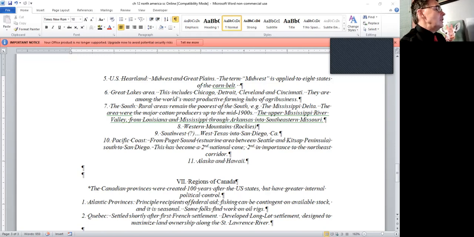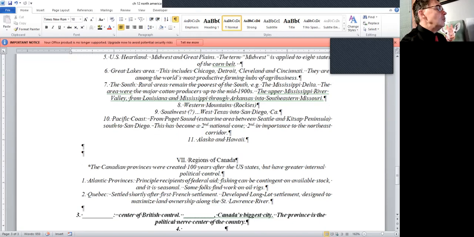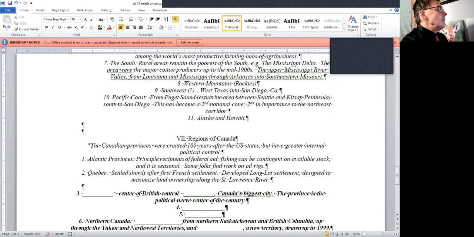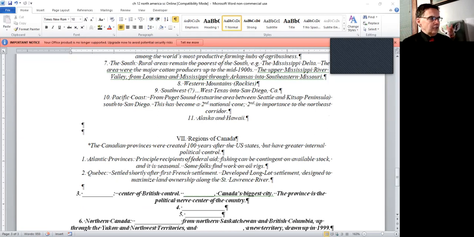Then you have your western mountains, your Rocky Mountain region. You can see there as well. It takes up a large swath of territory, I'm sure you will agree. Now, your authors do not have this. When I have my introduction to geography class, I include this in there. And this is the Southwest.